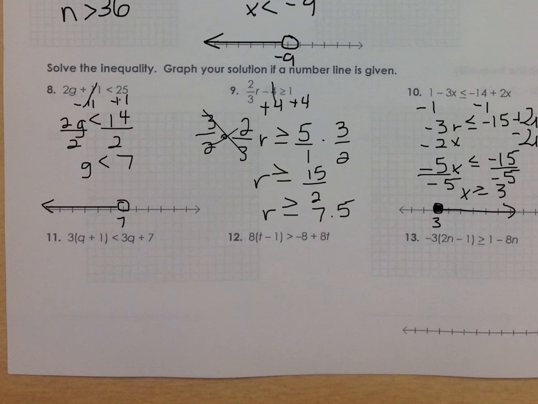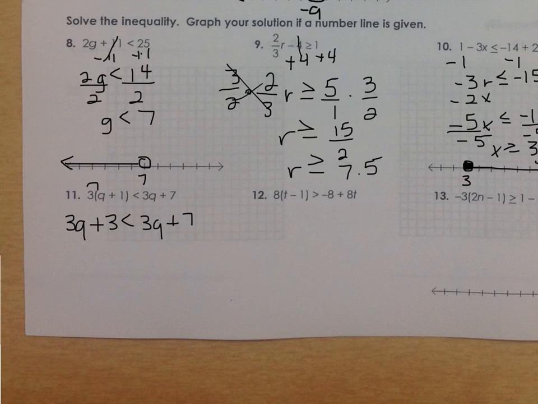Number 11, I would start by distributing the 3. I would get 3q plus 3 is less than 3q plus 7. So now if I minus 3q from both sides, you'll see what happens here.